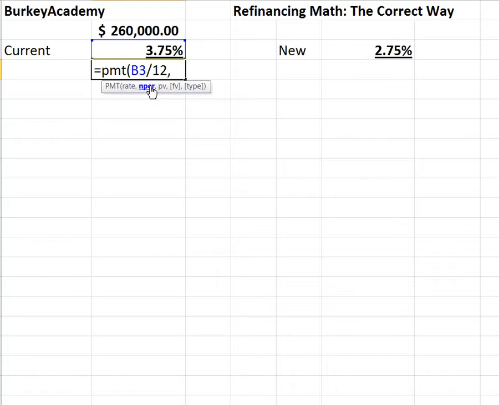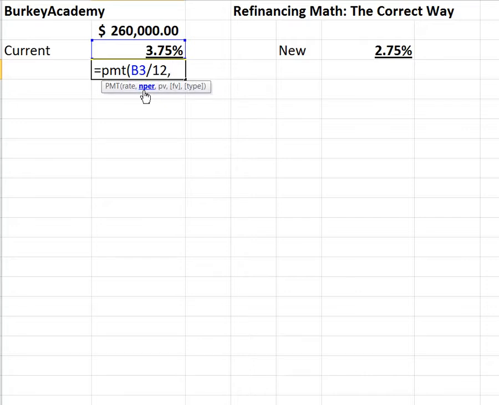Then it wants the number of periods. How many payments are there going to be between now and the time you pay off the mortgage? If you were refinancing for 30 years, it would be 30 times 12, or 360 payments. But I'm going to work with my bank to keep the number of payments remaining the same.